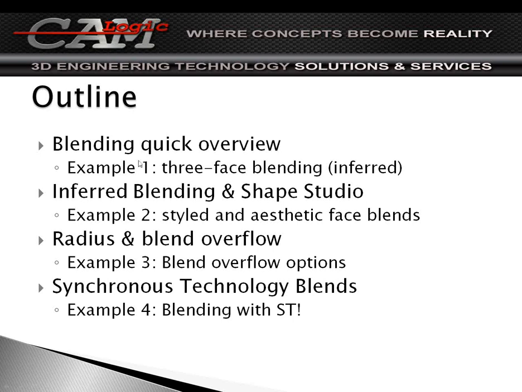So quickly, we've got 3-phase blending as example 1. That's part of inferred blending, so I'll touch a little bit on Shape Studio blending, which includes style and aesthetic phase blends. But I'll actually just be covering another 2-phase blend, but I think they're all similar, so it kind of wraps together. After that, I'll go with Radius and Blend Overflow, and then Synchronous Technology, of course. Spend some good time on that.